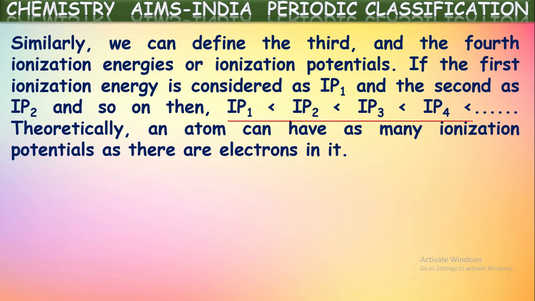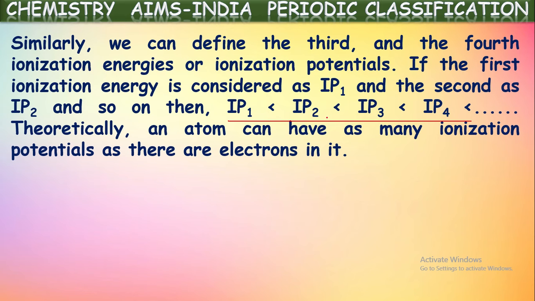Because IP1 means the amount of energy required to remove an electron from the neutral atom, and IP2 means the amount of energy required to remove a second electron from the unipositive ion. That atom already lost one electron, so it will have greater nuclear charge. The number of electrons will be less than the number of protons in the nucleus.